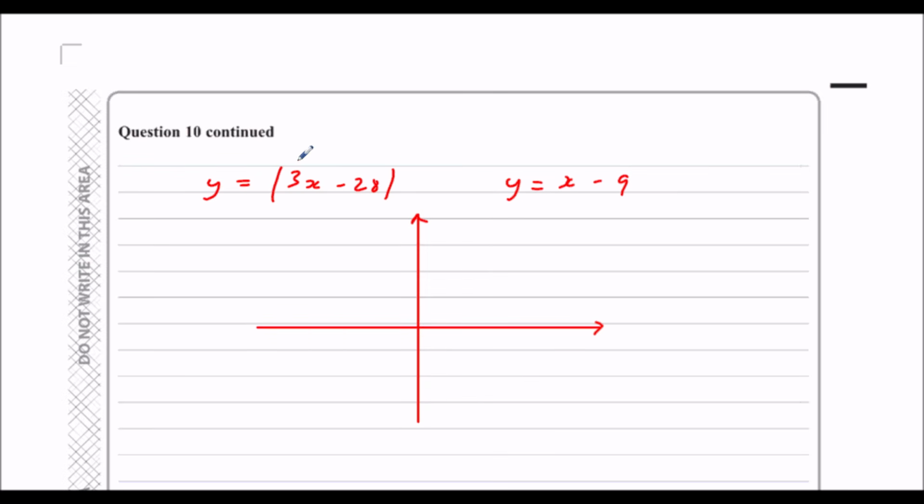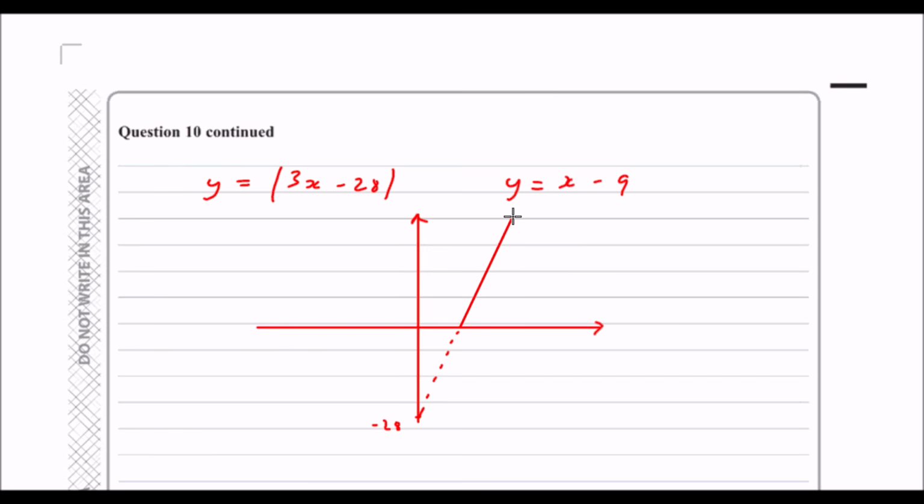So we've got a modulus graph that's always positive. It's 3x minus 28, so it would have intersected at minus 28, with a gradient of 3. So what we really want is a dotted line, freehand up here.